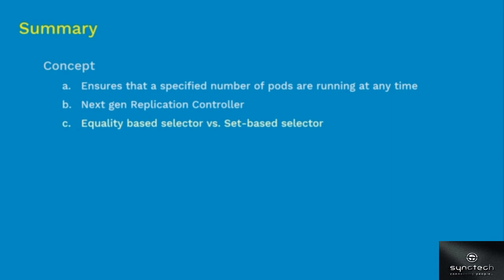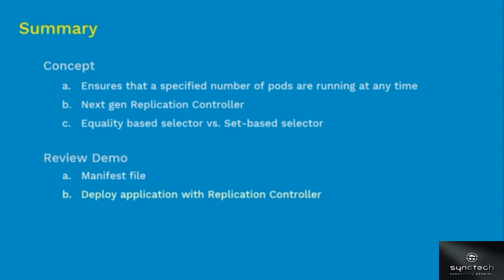Now coming to part 2, where we reviewed the demo we are about to perform live on a Kubernetes cluster in advance. In that review demo, we saw what goes inside a ReplicaSet manifest file. Majorly, replicas and selectors are the 2 most important fields which make this special. Then, we deployed the application using ReplicaSet.